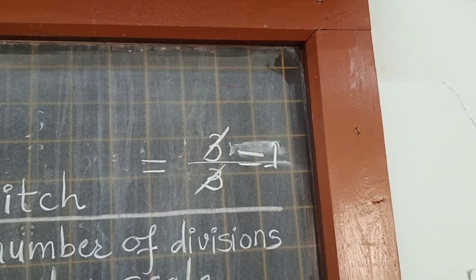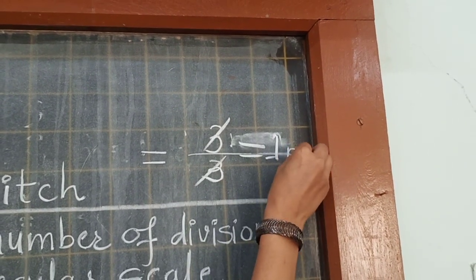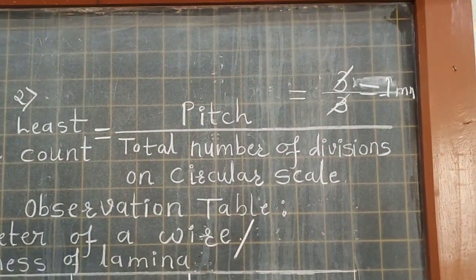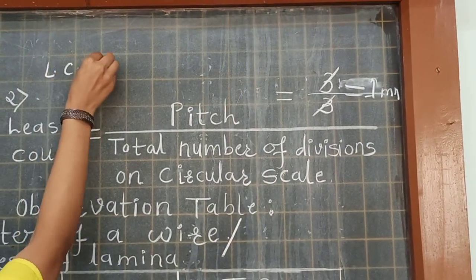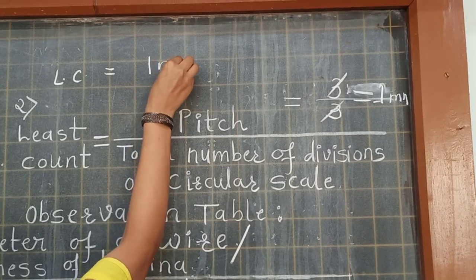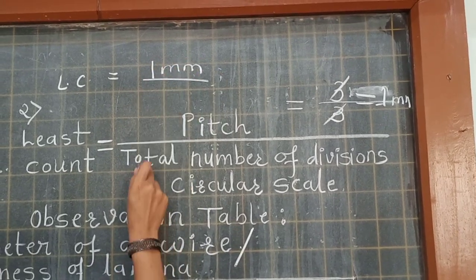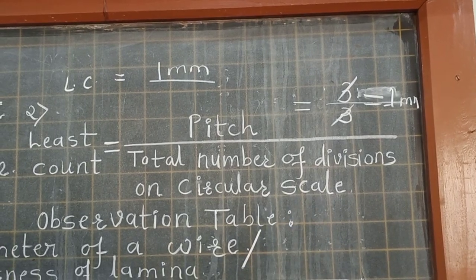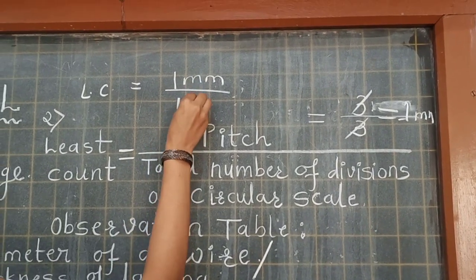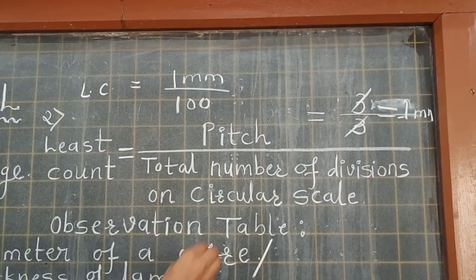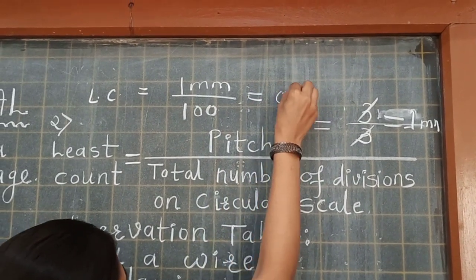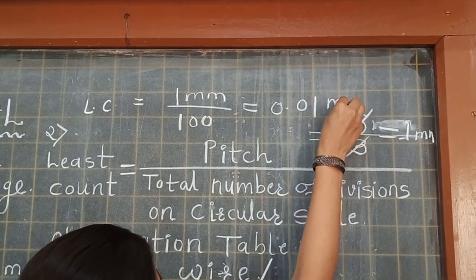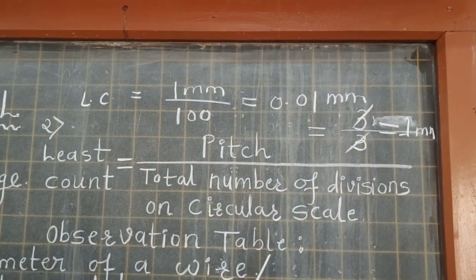Okay, so after this substitute it in the formula of least count, and we get our least count as 1 mm divided by the total number of divisions on the circular scale, and there are 100 on our screw gauge. It is equivalent to 0.01 mm of least count, right?